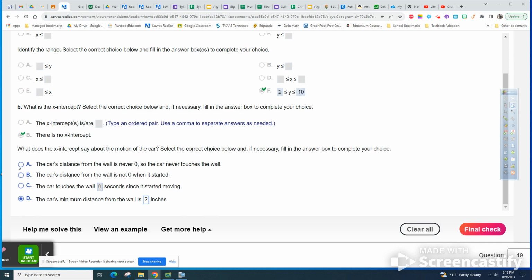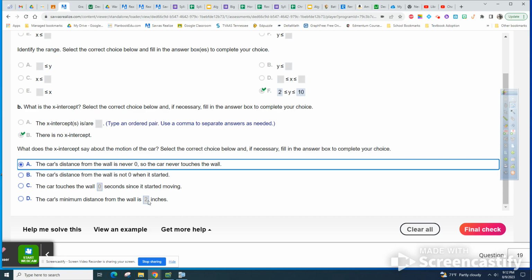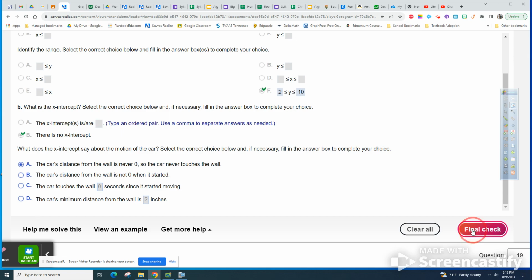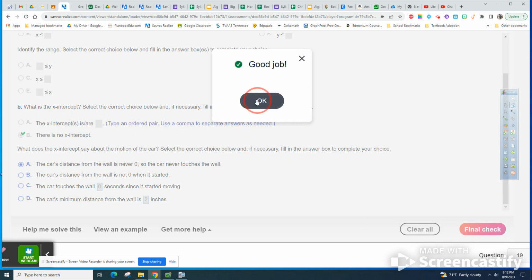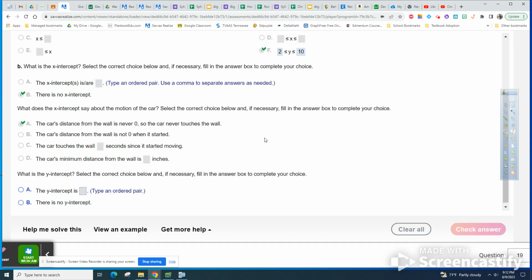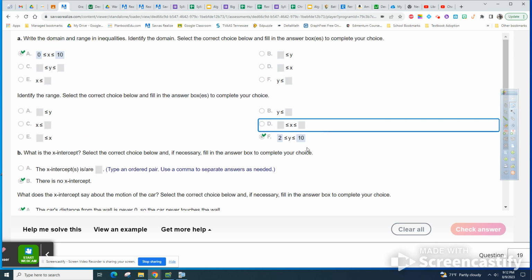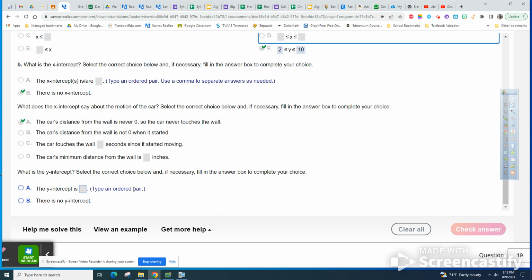Okay, we never know. Okay, it never touches the wall. But even though we're going to go that one. All right. All right, what's the y-intercept? Oh, and notice it says type an ordered pair.